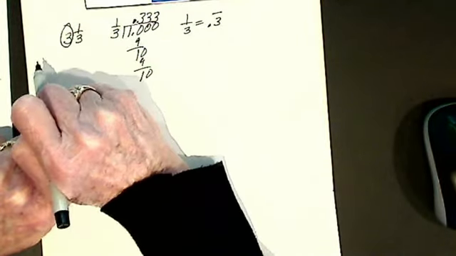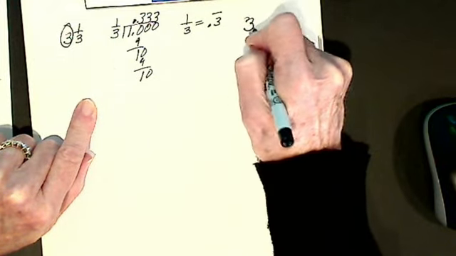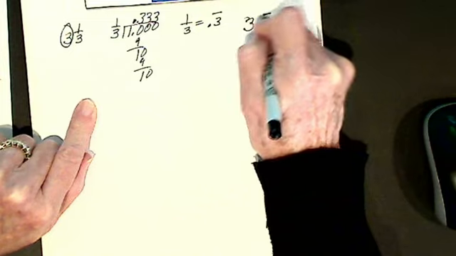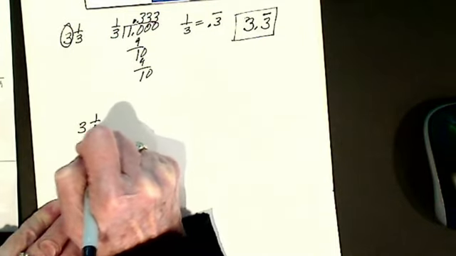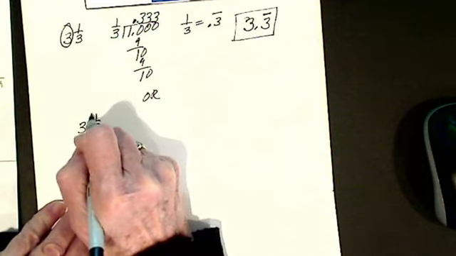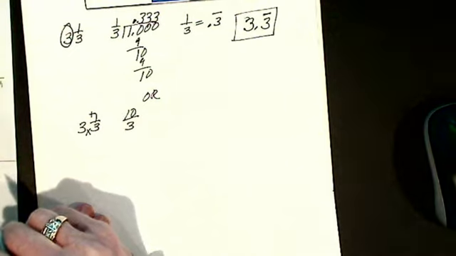But I can't forget this 3. So my final answer has to be 3.3, and that repeats. Or I could take my 3 1/3 and I could change it to an improper fraction. 3 times 3 is 9 plus 1, and make this 10/3.